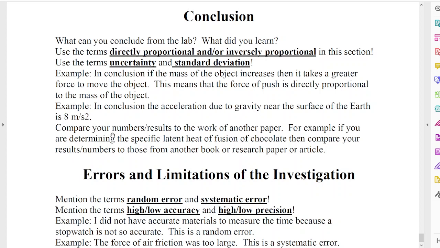So example, if you are determining the specific heat of fusion of chocolate, then compare your results or numbers to those from another book or research paper or article or website. Here I said the acceleration due to gravity near the surface of the Earth is 8 meters over second squared. So now you're going to compare that to what it says in your book. It's 9.81 meters per second squared. So what's the percent error between 8 and 9.81?